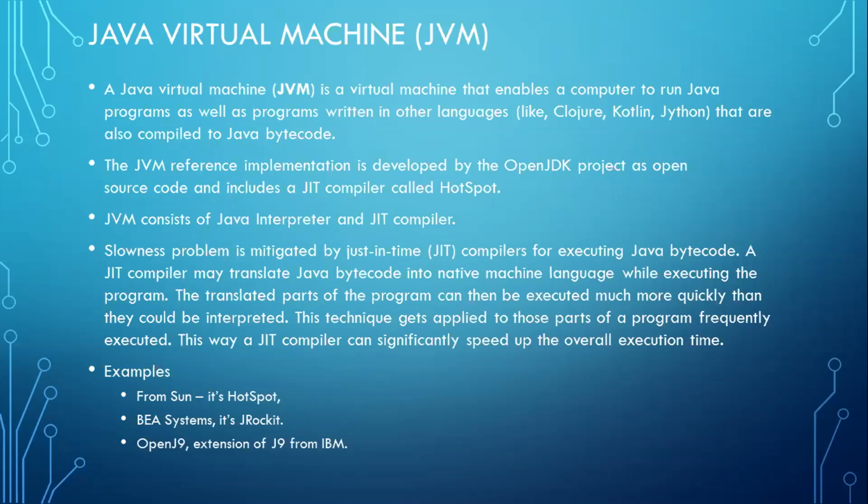But just for your information, we have Hotspot at this moment. We earlier had JRockit. Right now, there is another popular runtime environment called OpenJ9, an extension of J9 from IBM.